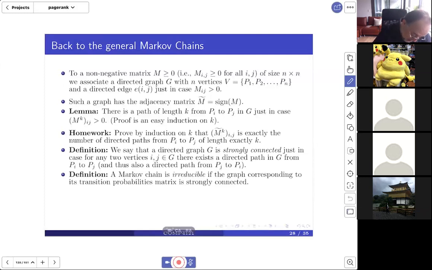So notice, in our original analysis of the random surfer, when we just considered the existing links without this random jumping, the corresponding Markov chain wouldn't be irreducible, because there is no reason that for any web page whatsoever on the web, you can reach every other web page just following links.